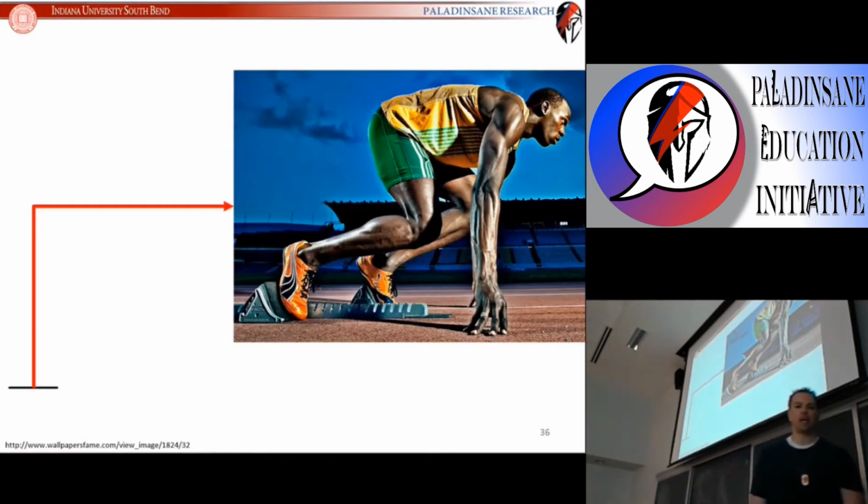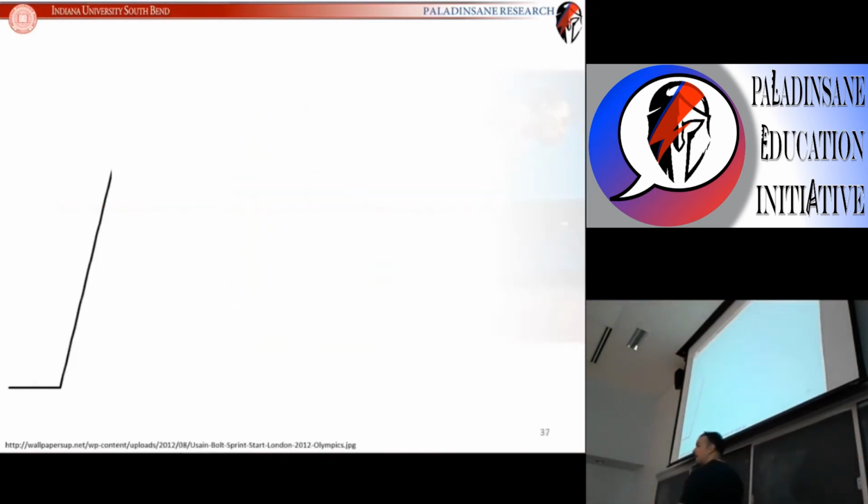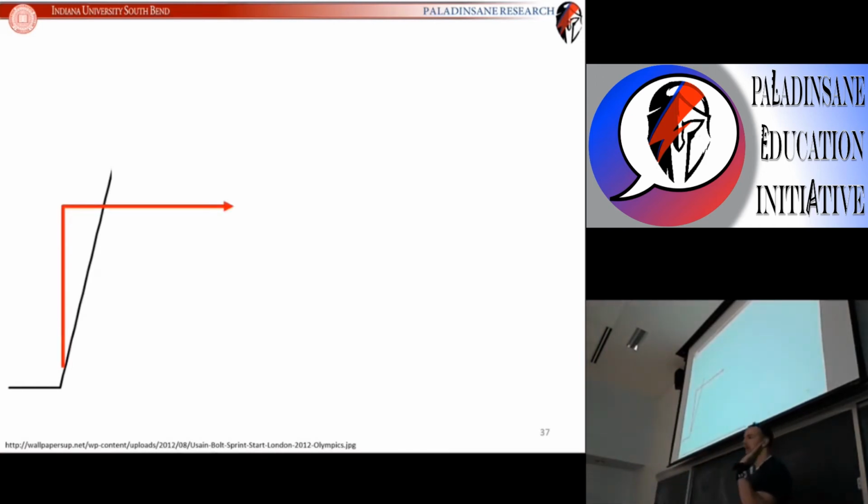Then, all of a sudden, we have that. We have a sharp slope, sharp increase. So every single time this goes up is basically another behavior occurring. So this is multiple steps being taken. And because it's so steep, it means that it's multiple steps being taken in a very short period of time.